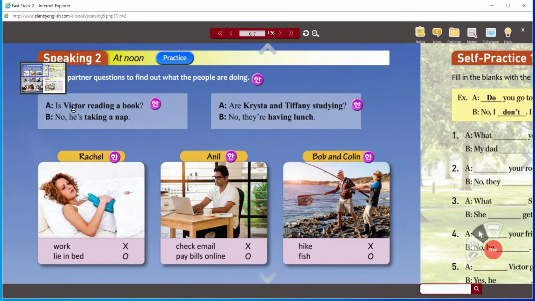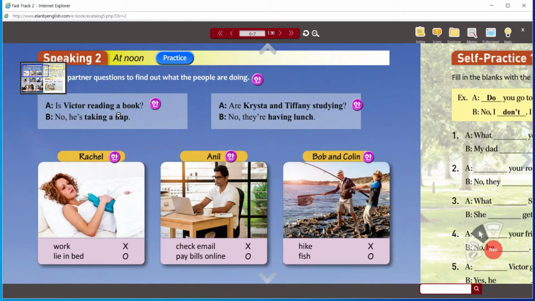So if you know Victor, and if you think he is reading a book, you might ask somebody, is Victor reading a book? And they might answer, yes, he is. Yes, he is reading a book. Or they might say, no, he is not. No, he is doing another activity.